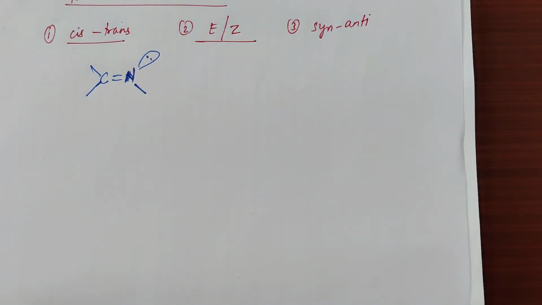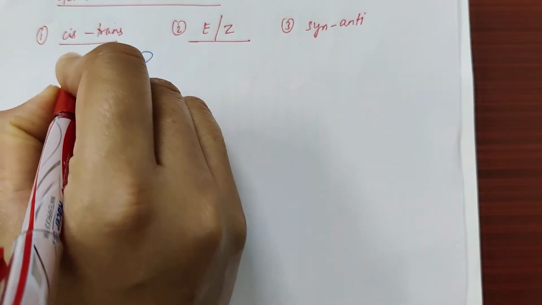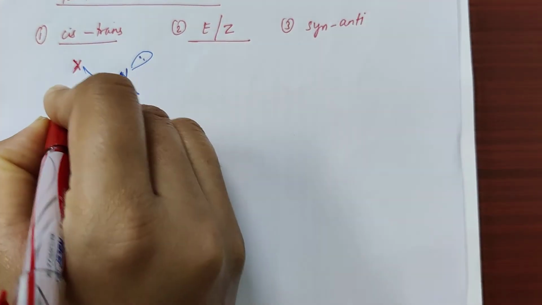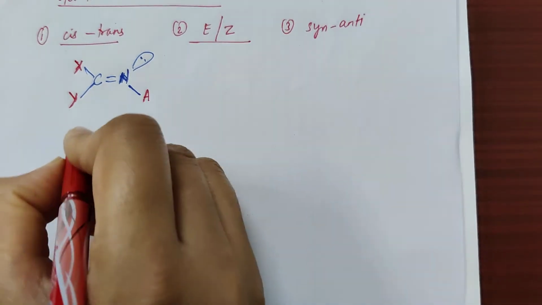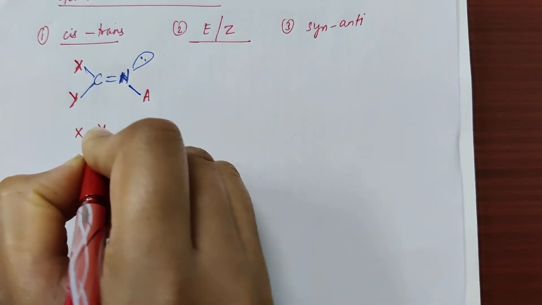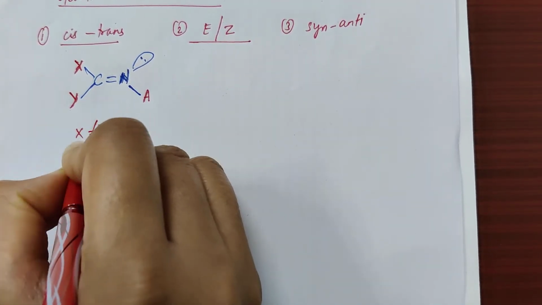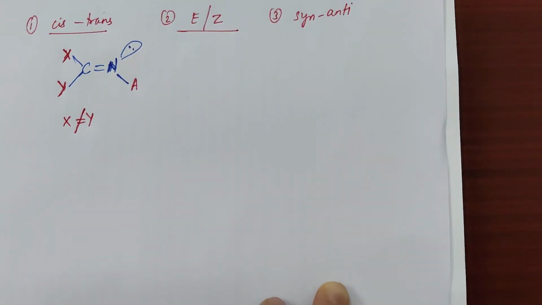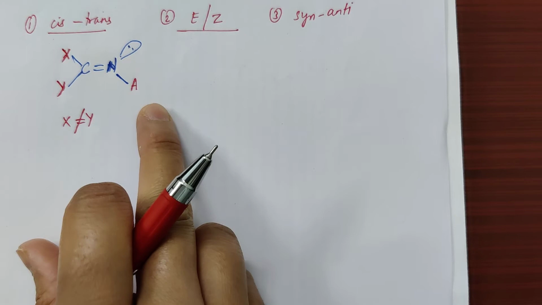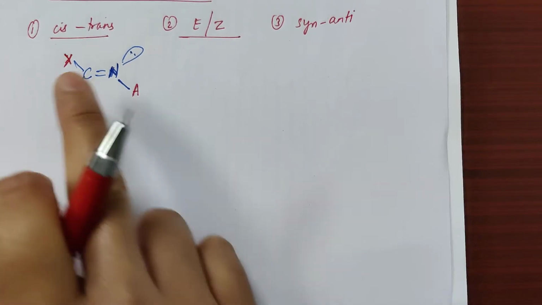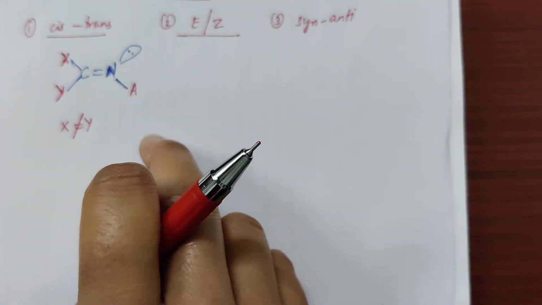Now the condition is, let's say here X and Y groups are attached and here A is attached. So your X and Y should always be different. They cannot be the same groups. Then only this compound will show Syn-Anti, or you can say this compound will show geometrical isomerism.